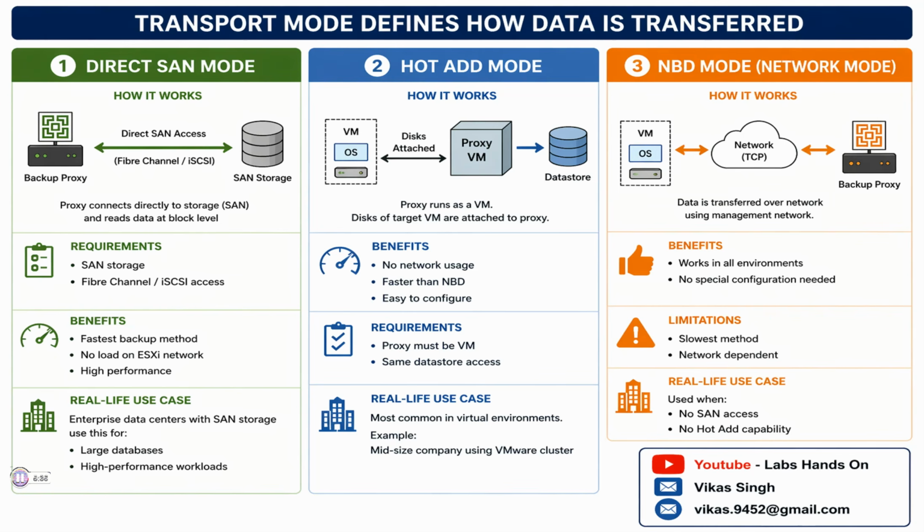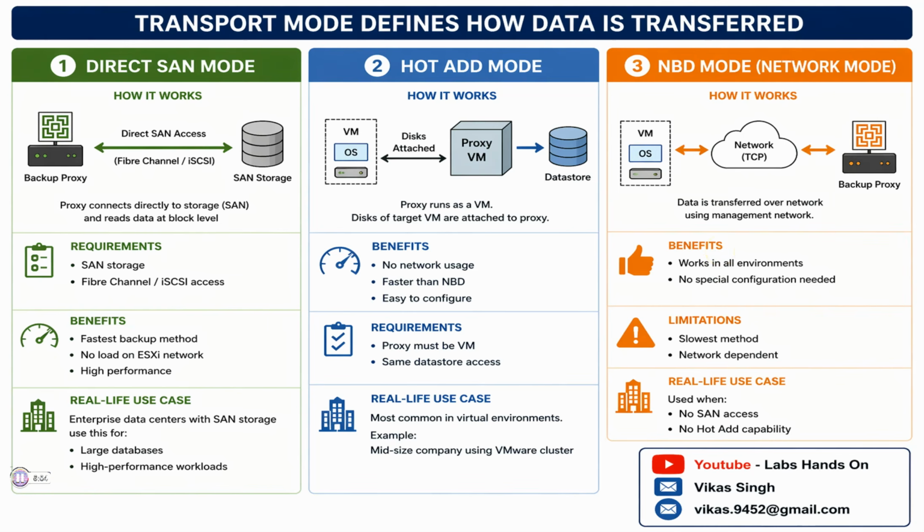In real world scenarios, NBD mode is used when you don't have a SAN or hot add is not possible. To summarize: direct SAN mode gives the best performance and is used in enterprise environments, hot add is balanced and widely used in virtual setups, and NBD is the fallback option that works everywhere but is slower.